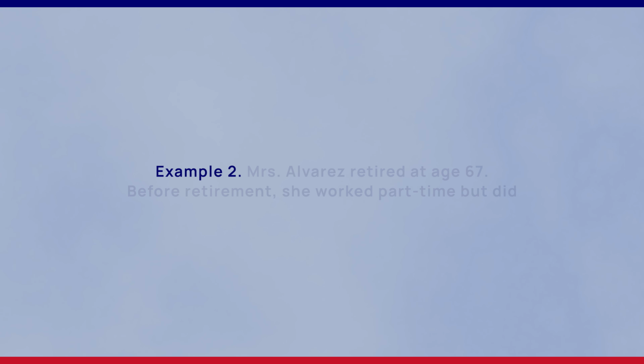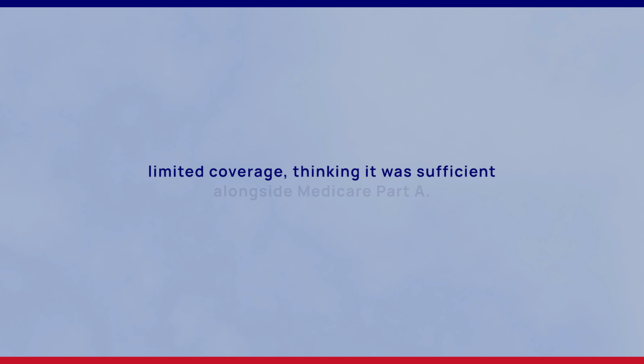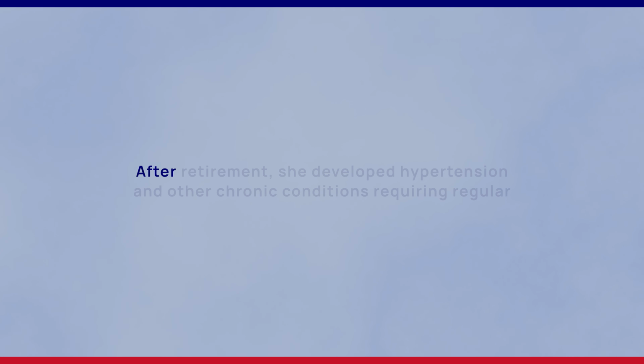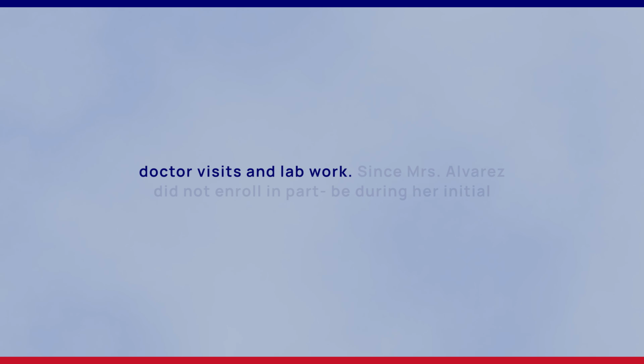Example 2. Mrs. Alvarez retired at age 67. Before retirement, she worked part-time but did not qualify for employer-sponsored insurance. She purchased a short-term health plan for limited coverage, thinking it was sufficient alongside Medicare Part A. After retirement, she developed hypertension and other chronic conditions requiring regular doctor visits and lab work.